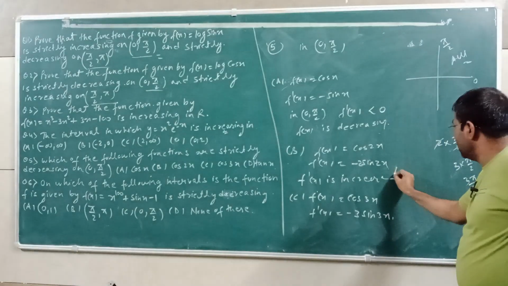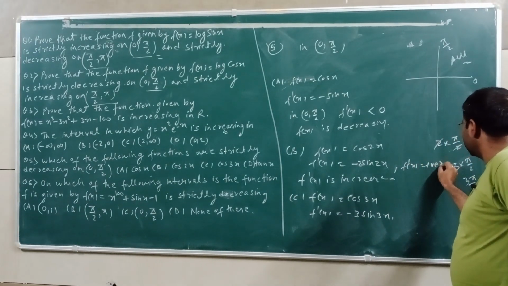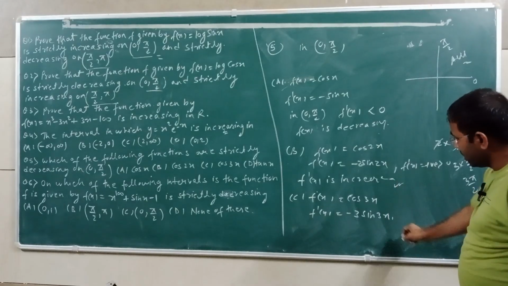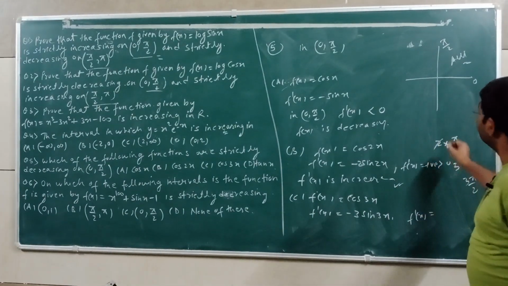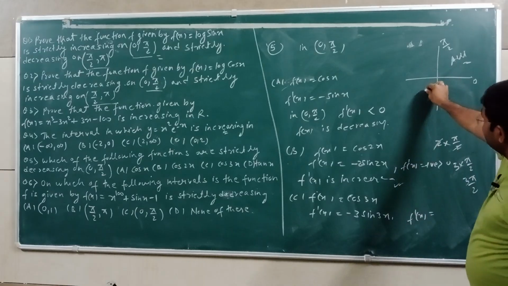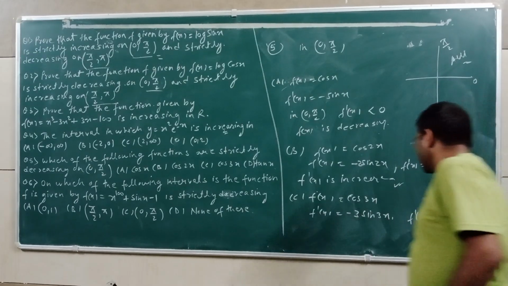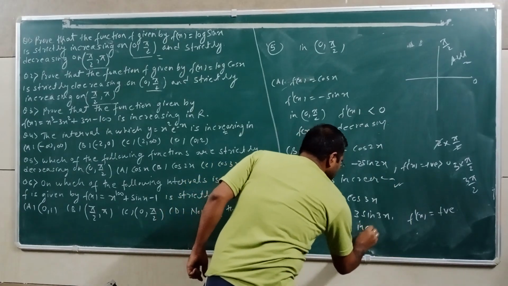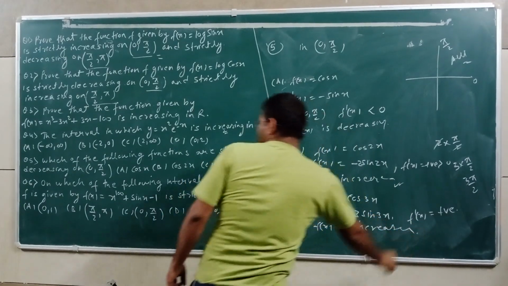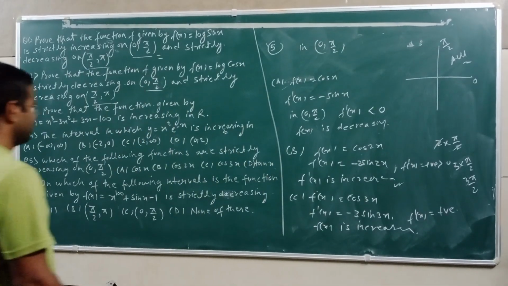In here f dash x is positive, greater than 0, so increasing is there, and in this f dash x will be negative. Again negative positive will be there, then you will say that again here f x is increasing.